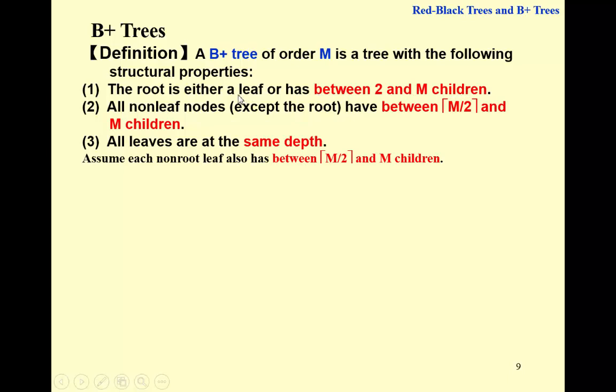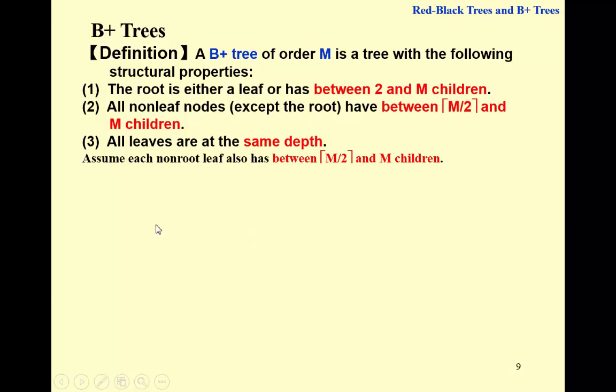Notice here that we cannot have a structure with one root plus one child. That is impossible. If we have a root node, it must have at least 2 children and no more than m children. And all non-leaf nodes except the root have between half of m and m children.